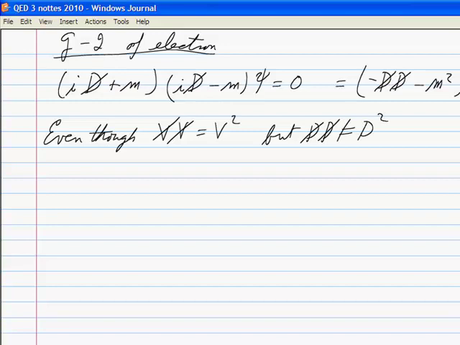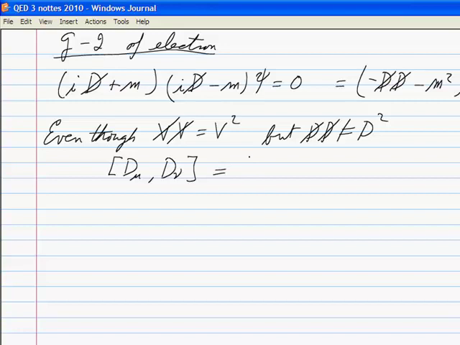And the basic reason is that D contains two pieces that don't commute. One's the derivative, and the other is the minus i e A.